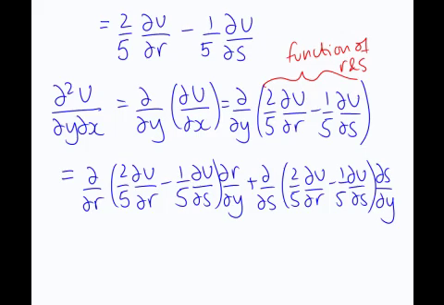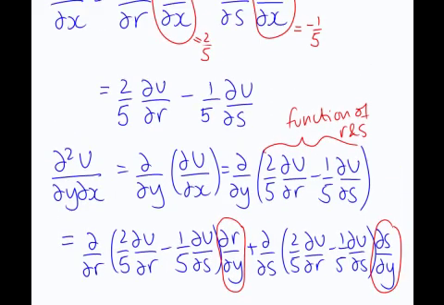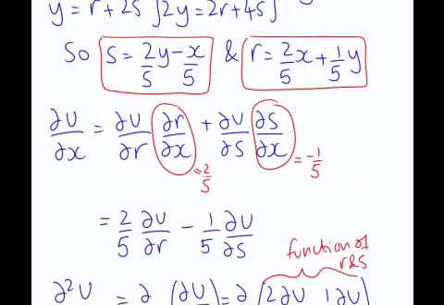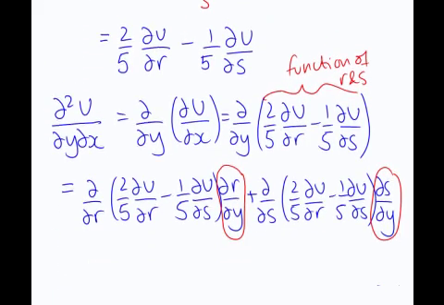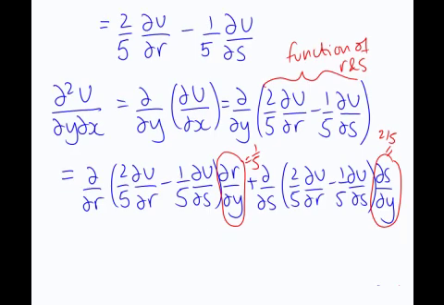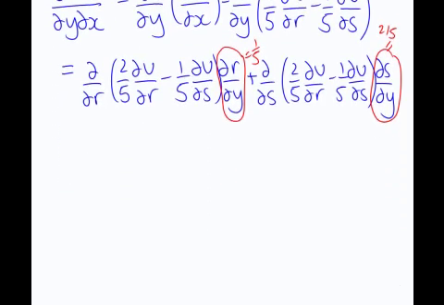So that is applying the chain rule, and some of these results I already have. For example, partial dr by dy and partial ds by dy I have from the boxed results up here. Partial dr by dy is a fifth, and partial ds by dy is 2/5.